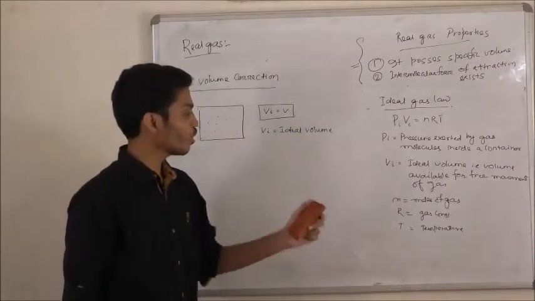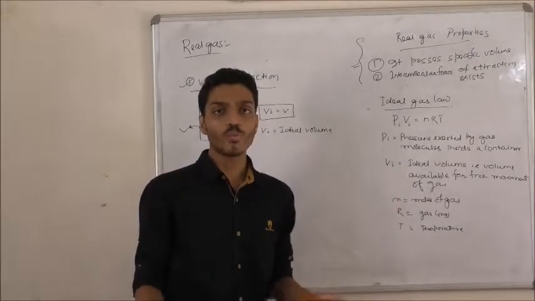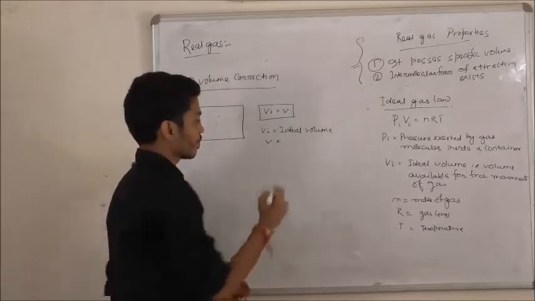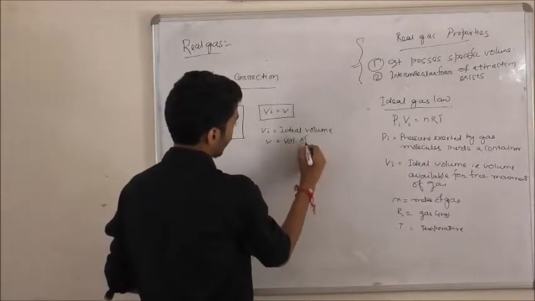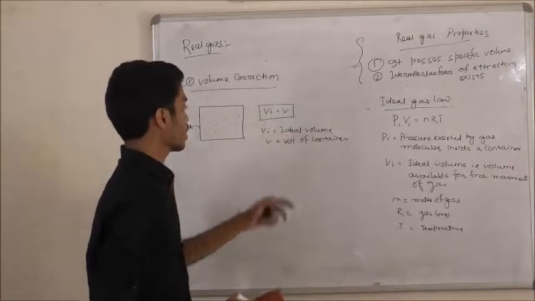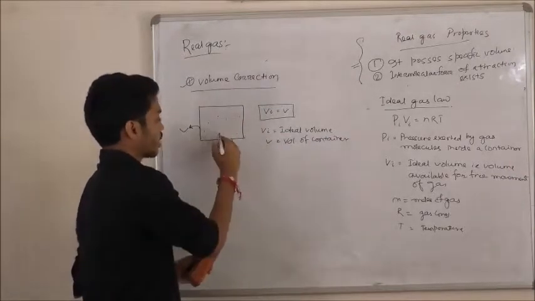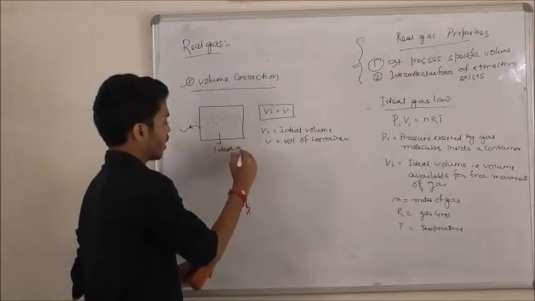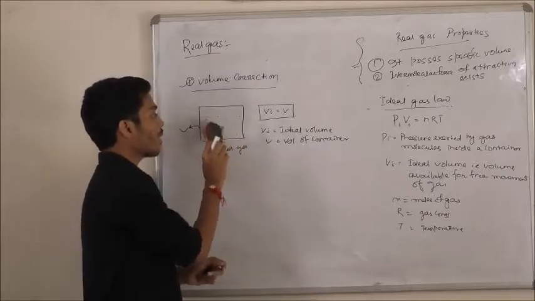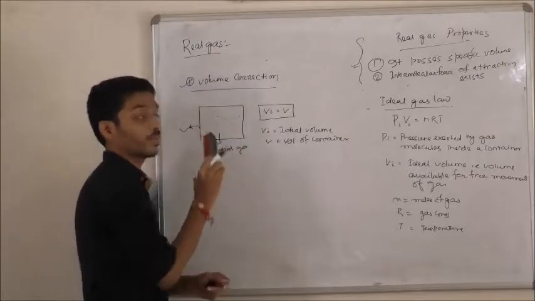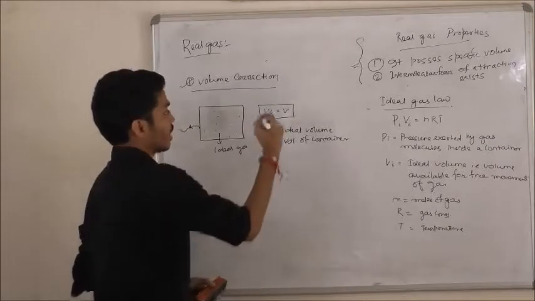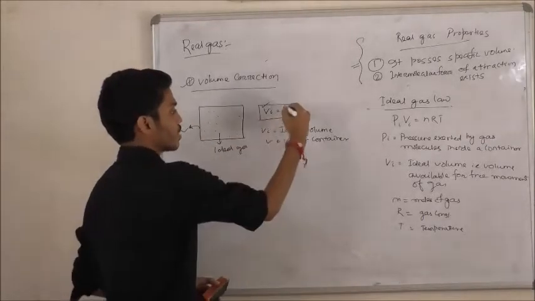And what I told, ideal volume is the volume available for free movement of gases, and V is the volume of the container. So you see here, this is the ideal gas, and the ideal volume, or the volume available for free movement of gases, is the whole container. Means the whole volume of the container is available for free movement of gases. That's why the ideal volume is set as V.